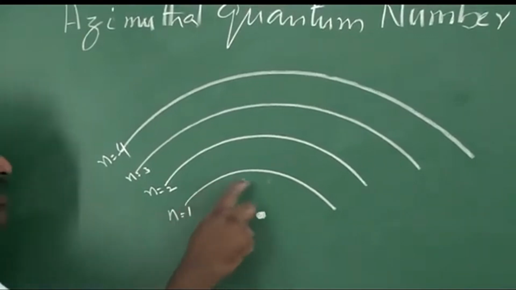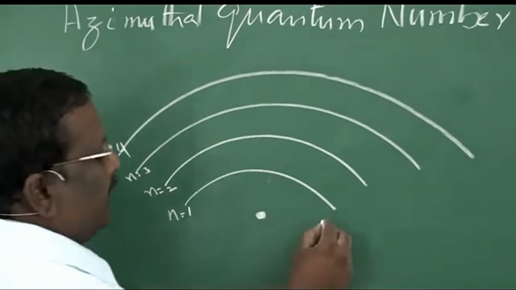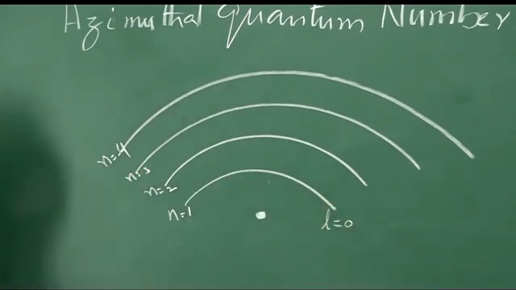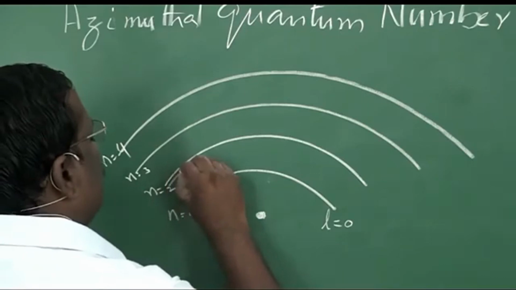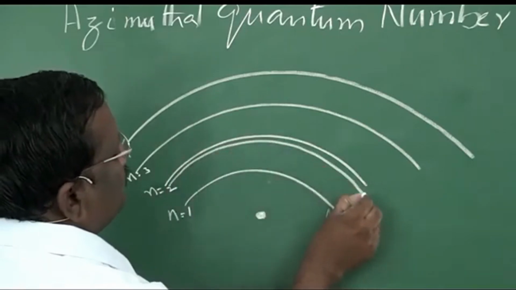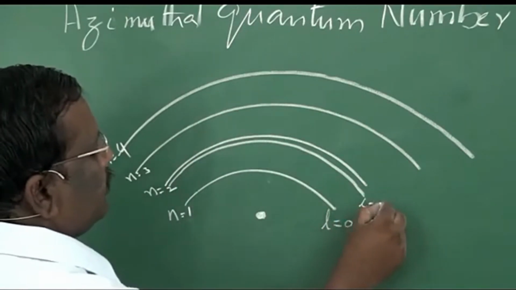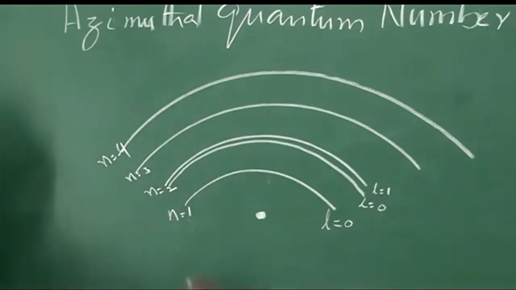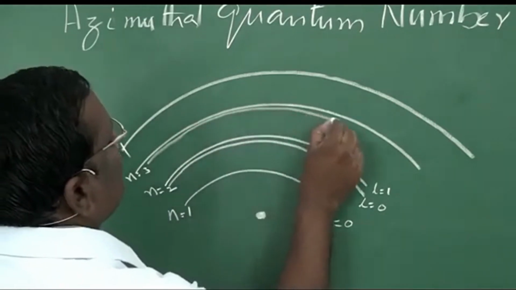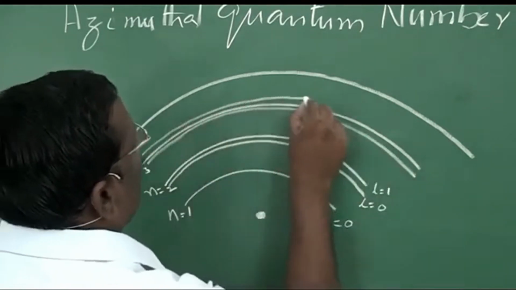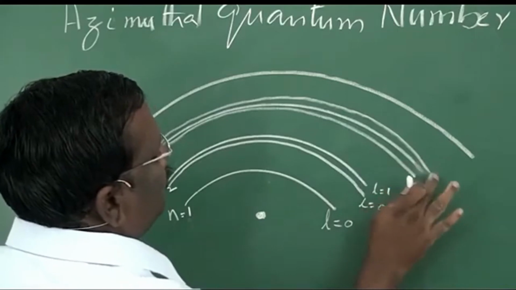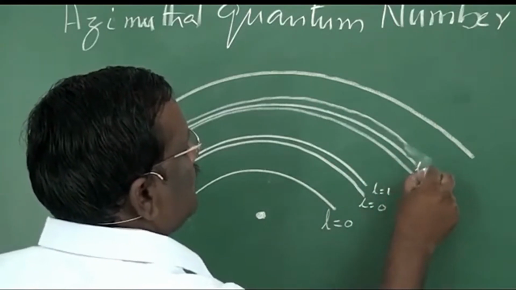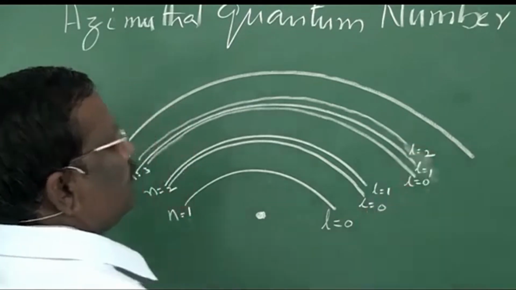So here, for n is equal to 1, only one sub-energy level is there, and it is said to be l, and its value is 0. In the second main energy level, you have two sub-energy levels. For one, l is equal to 0, for the second one, it is 1. In the third energy level, you have three sub-energy levels. They are l is equal to 0, l is equal to 1, l is equal to 2.